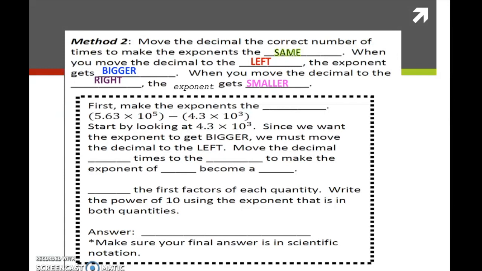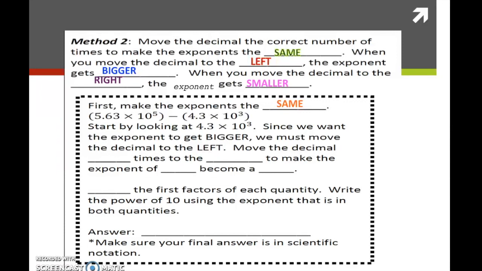So now let's first take a look at how we're going to make the exponents the same. We're going to start by looking at 4.3 times 10 to the third. Once again, why are we starting there? Because it's the smallest exponent and we always want to make that exponent bigger.